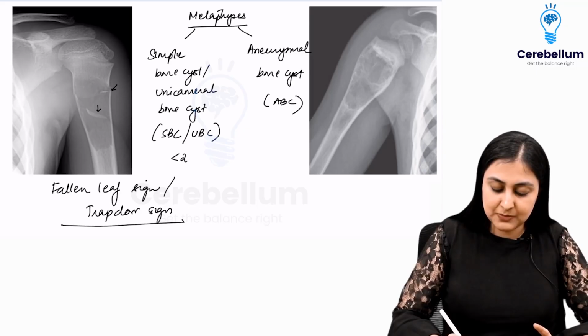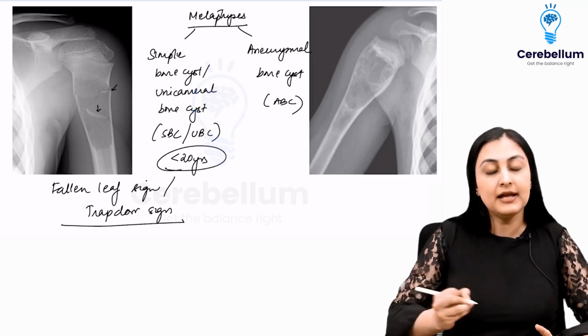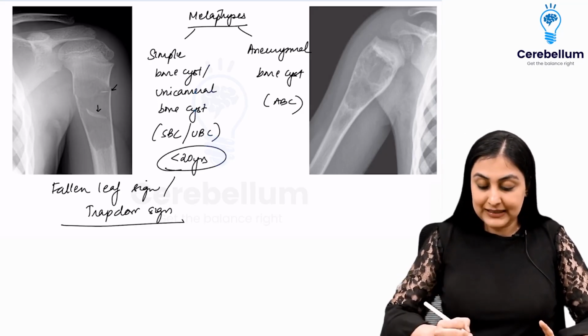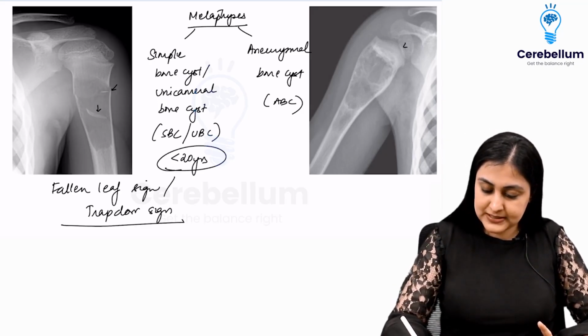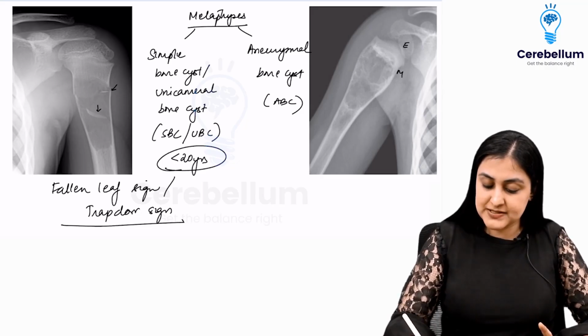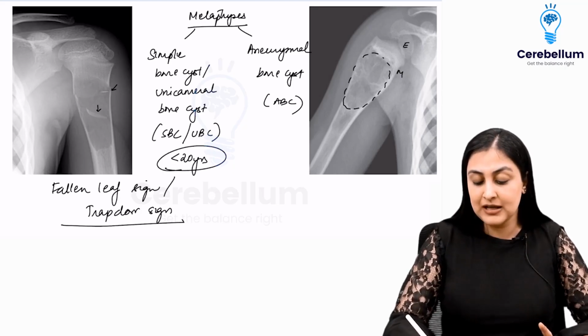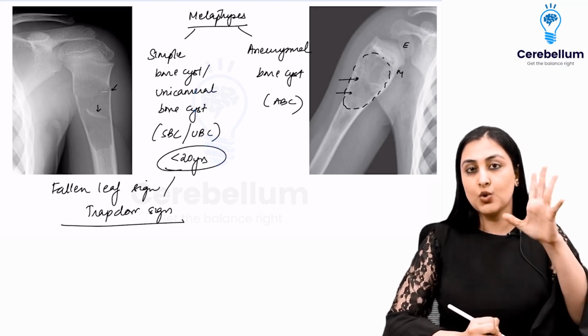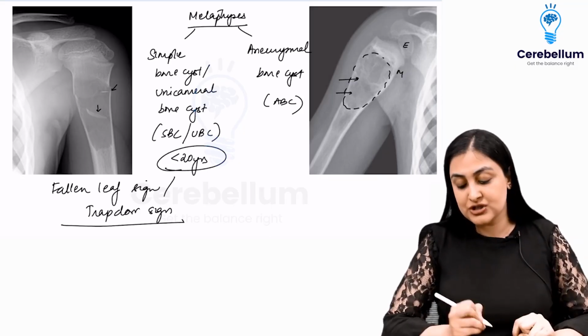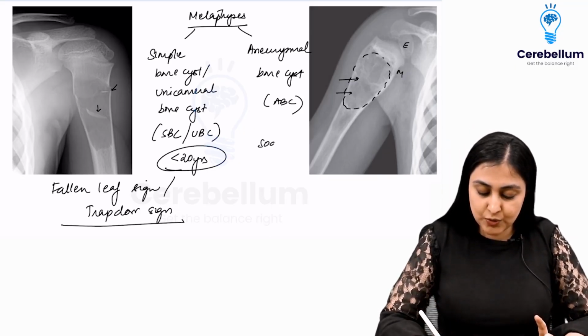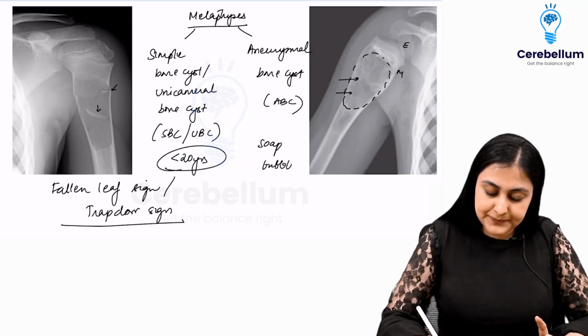Typically an SBC is going to be seen in people less than 20 years of age, while in an aneurysmal bone cyst, again see this is the epi, so this is the metaphysis. So here you can see there is a well-defined geographic lytic lesion and you have a soap bubble appearance. Like we saw with GCT, here also there is a soap bubble appearance.